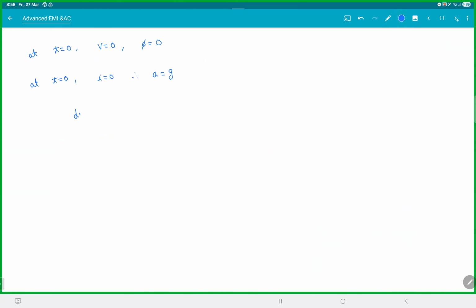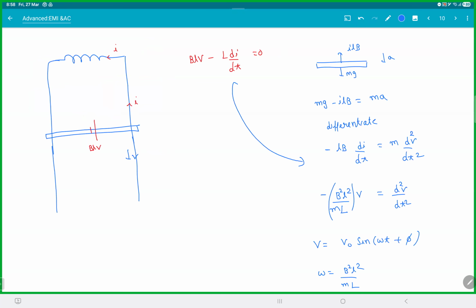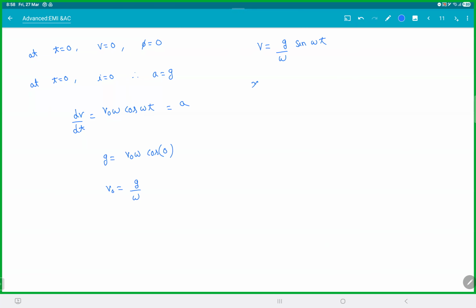That means dv by dt, which is v naught omega cos omega t, this must be your acceleration, so it must be equal to g when time is 0. Therefore, v naught is equal to g by omega. There you got everything. So v is equal to g by omega sine omega t. That's your velocity as a function of time t. And integrate this, you'll get the y coordinate. So dy by dt.